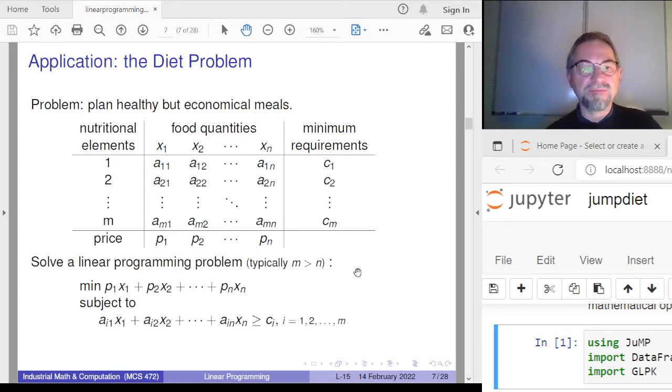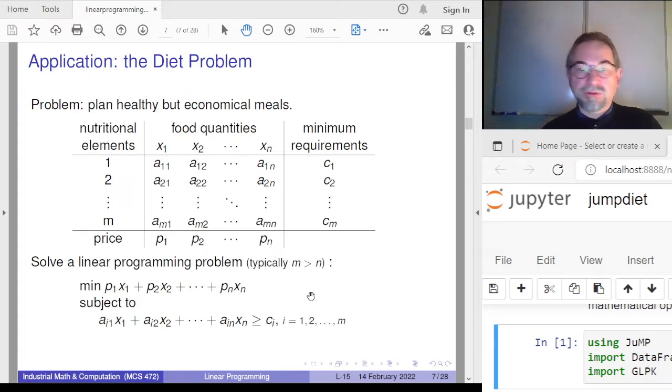That means that for every item of food, there is a price. And what we actually want to determine is the quantities so that the price is minimized. So the cost of our meal is, we multiply every quantity with the unit price. We sum that all up. So what we want to minimize is the cost of our meal.